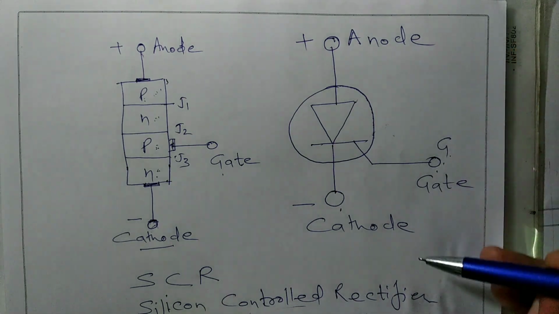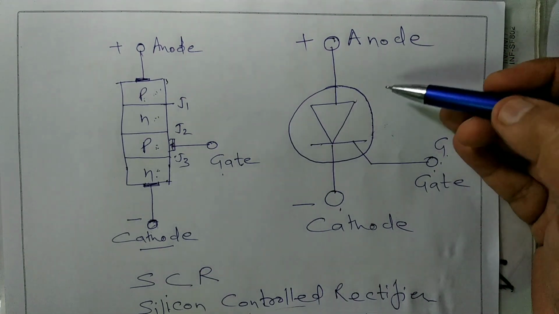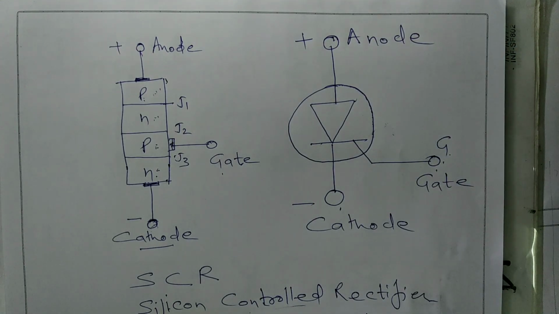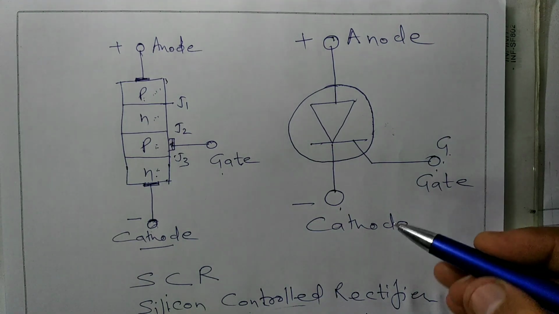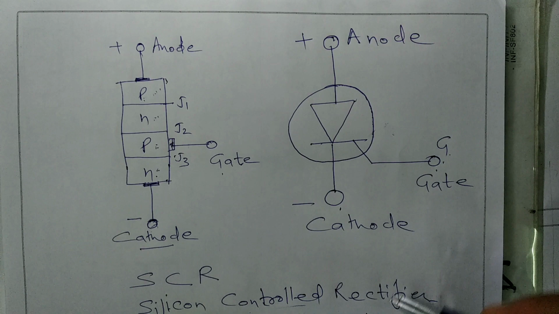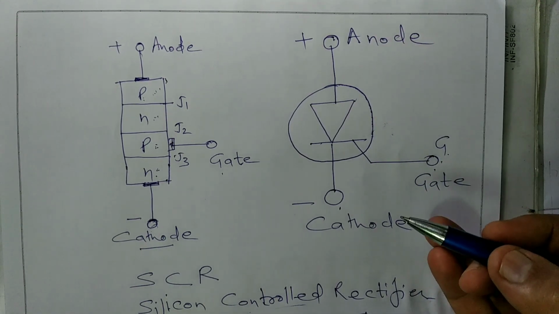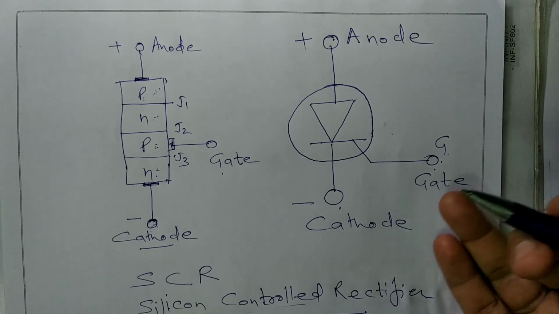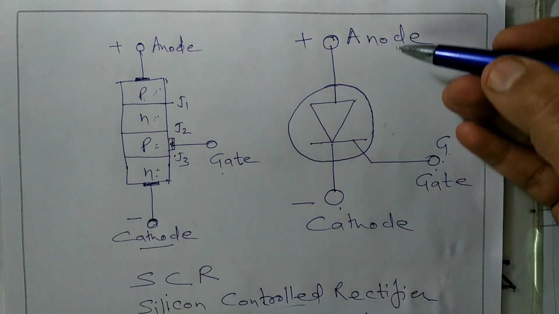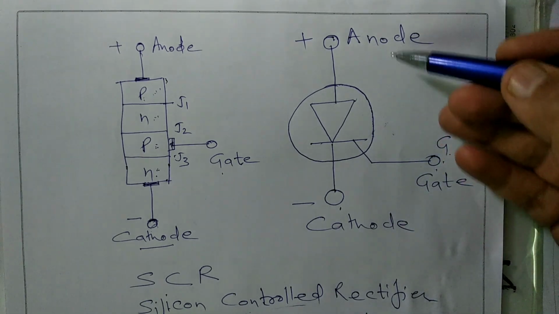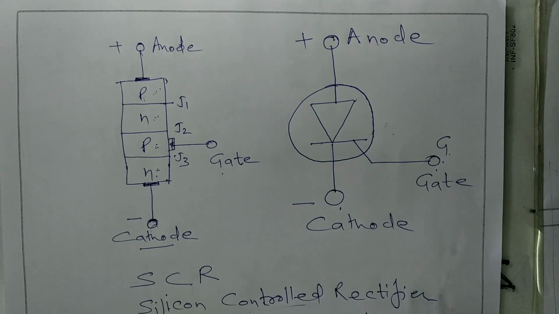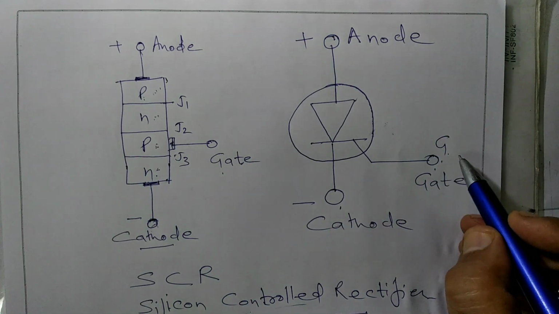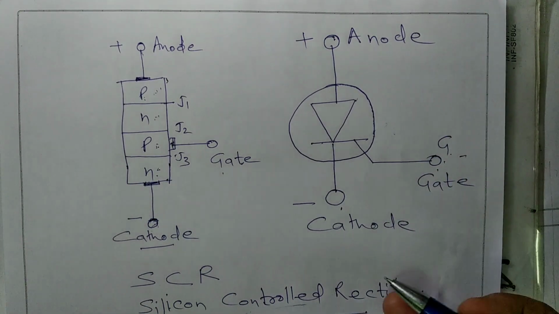Since this is a unilateral device, current can flow only in one direction, from anode to cathode, and it cannot flow in the reverse direction. Therefore, it is called a unilateral or unidirectional device, because current flows only from anode towards the cathode, from positive to negative terminal. Although now we have a gate terminal which provides us the control.